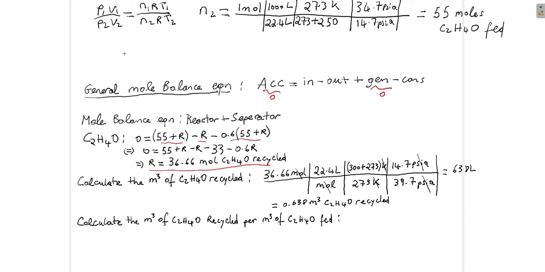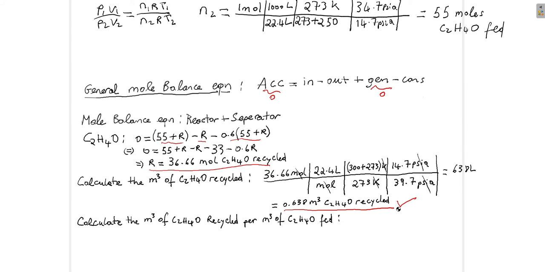So in this case, we are going to use the ratio of the ideal gas law one more time in order to find the cubic meters of C2H4O recycled at those temperatures and pressures. And we find it to be 0.638 cubic meters of C2H4O recycled. Next, to find our answer, we have to calculate the cubic meters of C2H4O recycled per cubic meter of C2H4O fed. We already know the cubic meters of C2H4O recycled, which is right here.